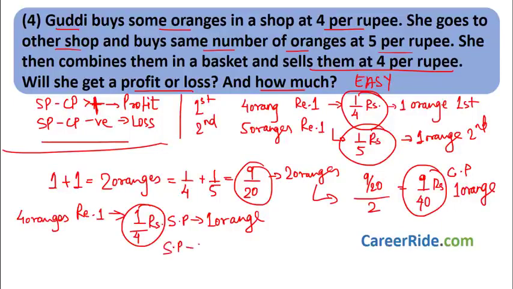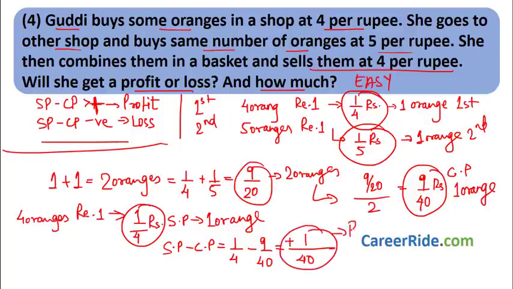Selling price minus cost price would be 1 upon 4 minus 9 upon 40. LCM is 40. 10 minus 9 is 1. So 1 by 40. We got the answer as positive. That means she gets profit. And let us see how much profit she got. Over here the profit in rupees is 1 by 40. Cost price is 9 by 40.